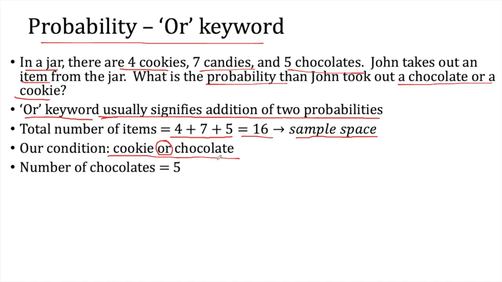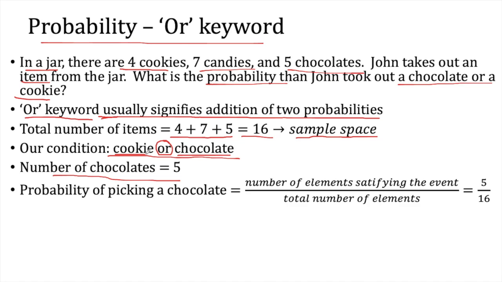So first we will evaluate the probability for the number of chocolates. And basically what we're going to do is we're going to add the probability for the number of chocolates and the number of cookies. So probability for picking a chocolate, we have done this before.